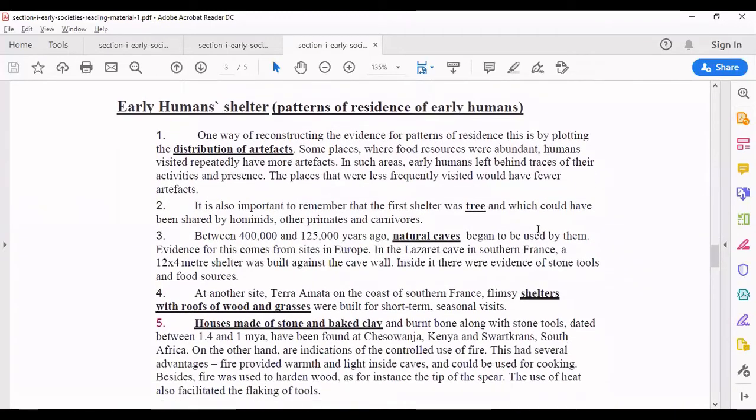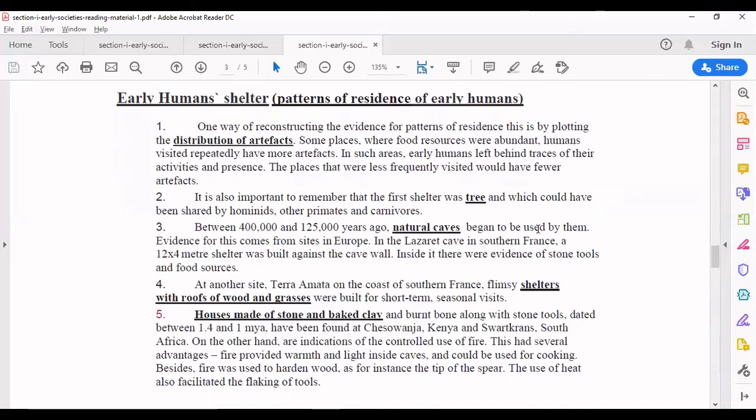Now, we also saw how the early humans lived, what was their shelter, what was their pattern of residence. So one way that we can reconstruct the evidence of residence is by plotting the distribution of artifacts on a map, and whichever place these artifacts were found in abundance, food resources were abundant.